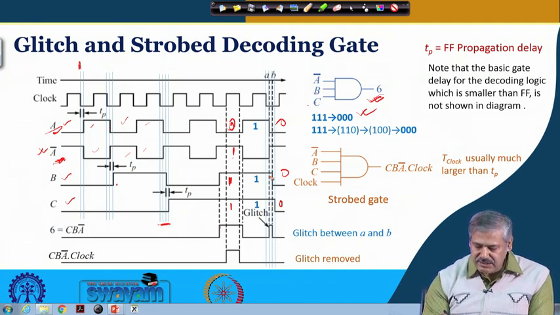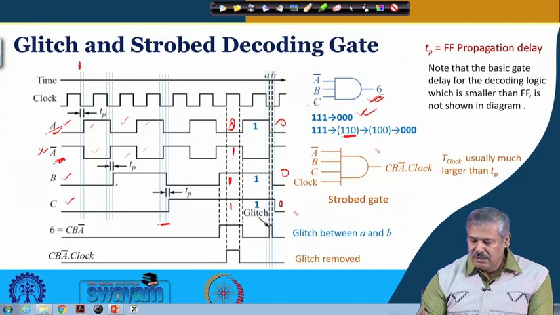B is 1, but A has already changed from 1 to 0. So, for the duration of the propagation delay, you have got 1, 1, 0. After that, B has changed, but C has not yet changed. So, for a small time 1, 0, 0 is there, and only after that you are getting 0, 0, 0.